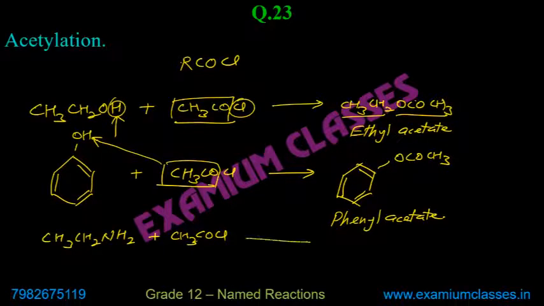In this case, one H will be replaced from here. The NH will be as it is, and the other H will be replaced by the acyl group. And you know it is N-ethylethanamide. In the previous case, we have seen.